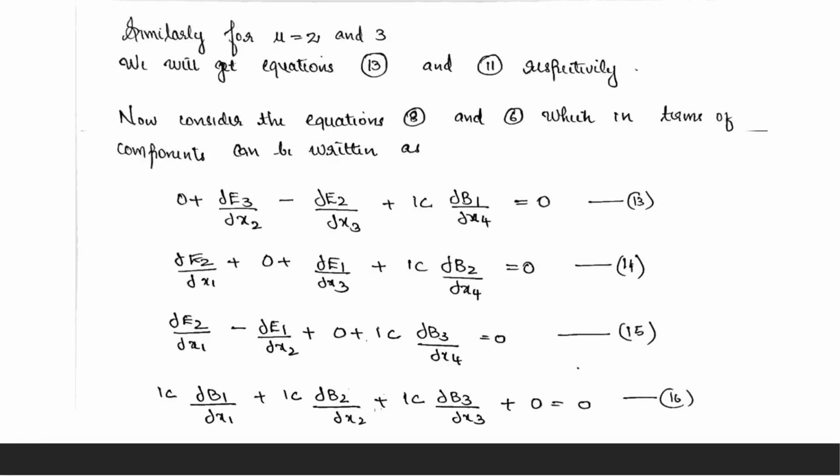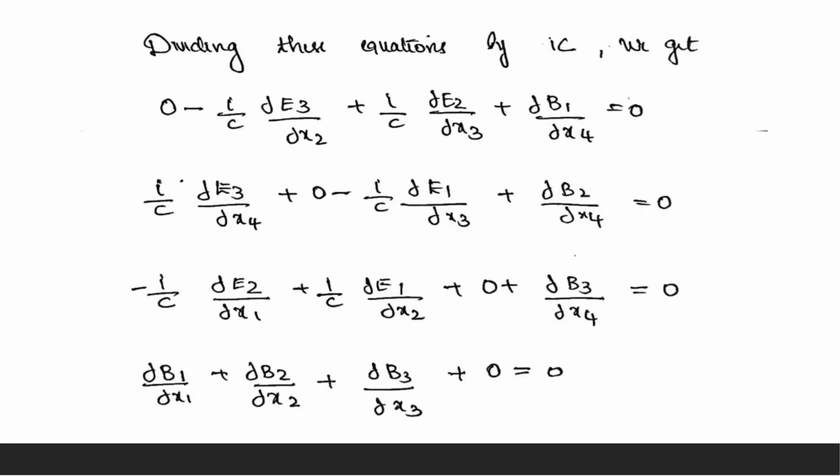Similarly, ic into ∂B1 by ∂x1 plus ic into ∂B2 by ∂x2 plus ic into ∂B3 by ∂x3 plus 0 is equal to 0, which is equation number 16. Dividing this equation by ic, we get 0 minus i by c ∂E3 by ∂x2 plus i by c ∂E2 by ∂x3 plus ∂B1 by ∂x4, which is equal to 0.